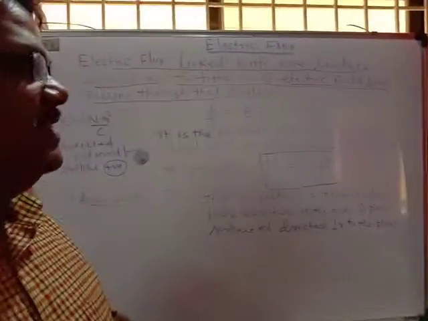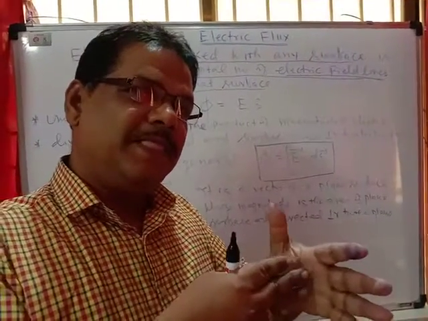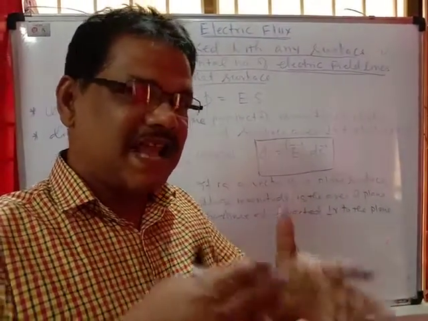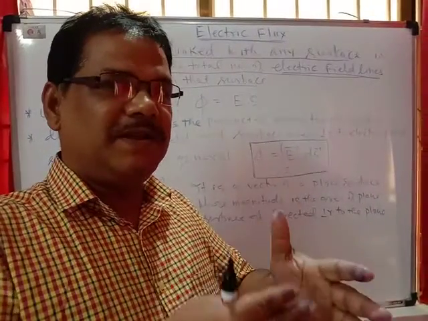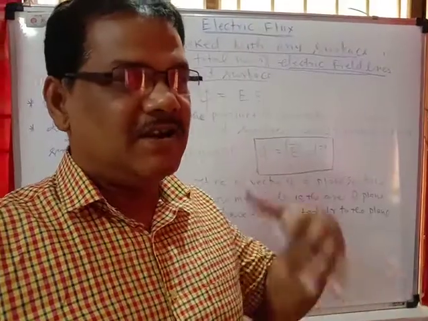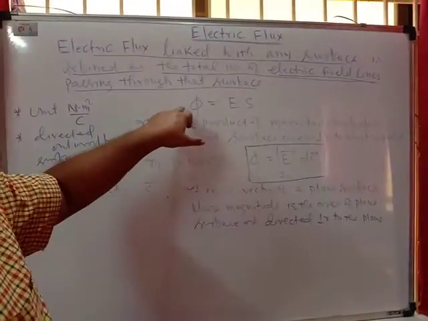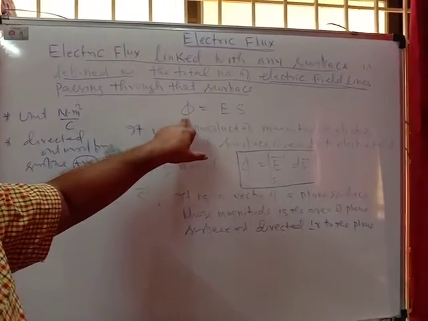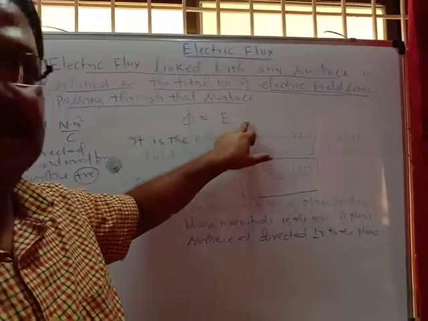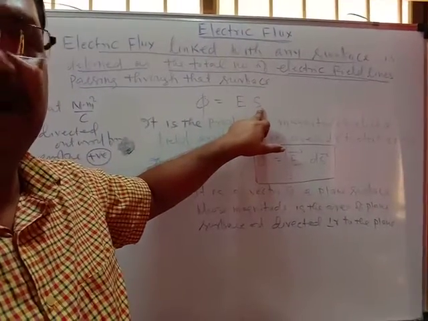In the same manner, the number of electric field lines striking, touching the surface are termed as the electric flux, and the others are the electric field lines. So electric flux is represented by phi, which is equal to E into S. E is the electric field strength, S is the surface area.